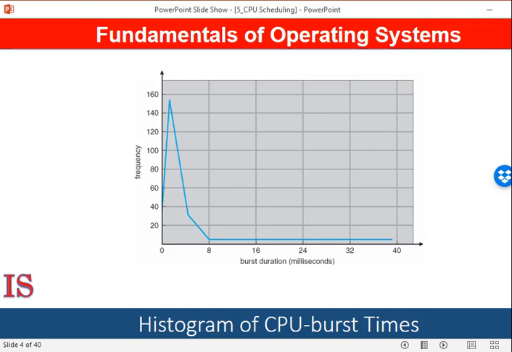An I/O bound program typically has many short CPU bursts because the process has given up the CPU for the input-output device. A CPU bound program might have a few long CPU bursts. This distribution can be important when implementing a CPU scheduling algorithm.